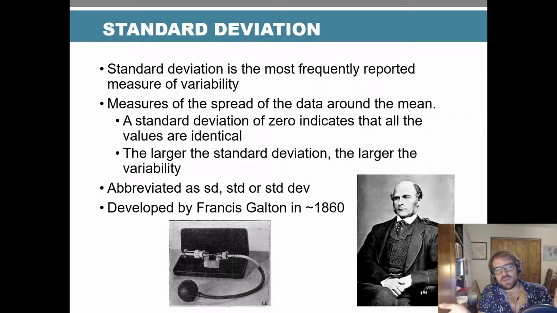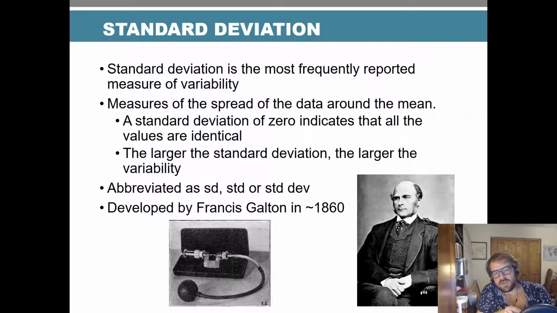And then, the history of standard deviation just is not as fantastically cool as the history of the mean. I think it's safe to say that standard deviation was rediscovered by Francis Galton in 1860. We can trace the mean back to quite old BC.